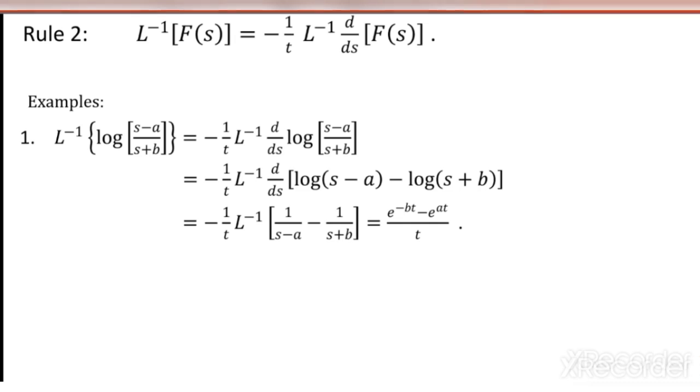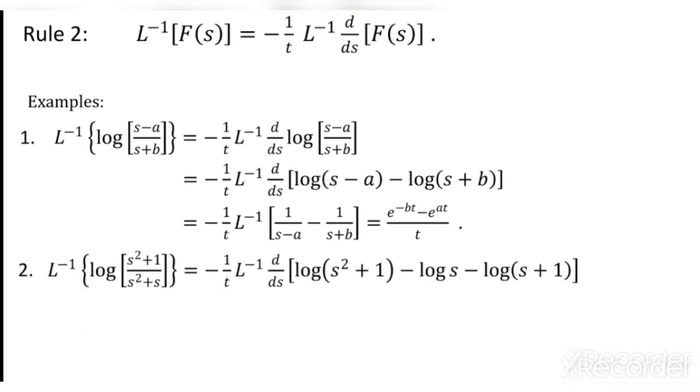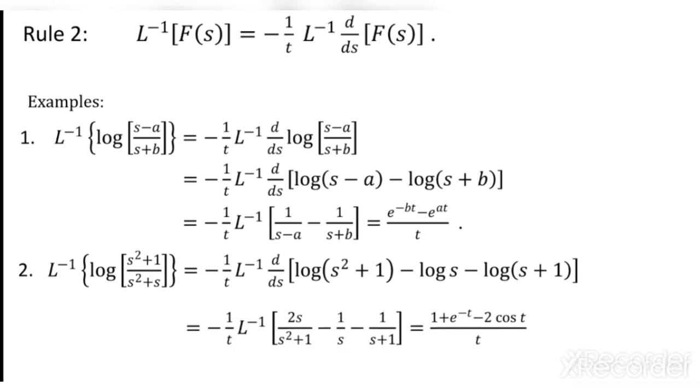So take the second one. I have log of (s square plus 1) by (s square plus s). By expanding that, we get log of s square plus 1 minus log s minus log of s plus 1. So apply d by ds. Derivative of each is 2s by s square plus 1 minus 1 by s minus 1 by s plus 1.